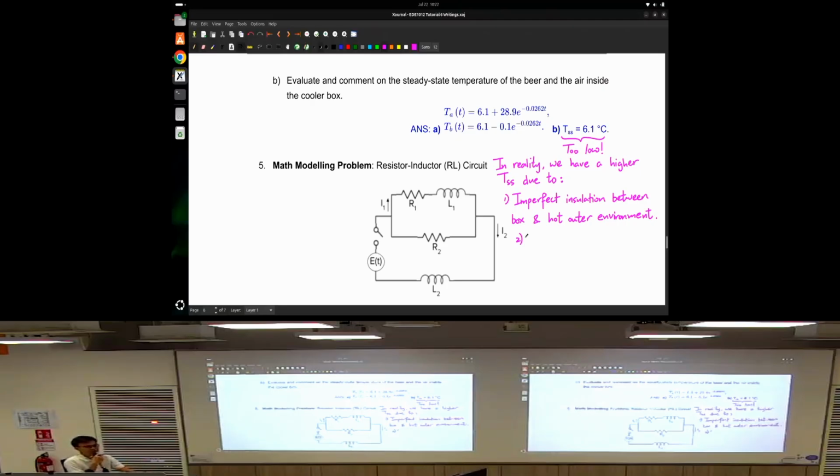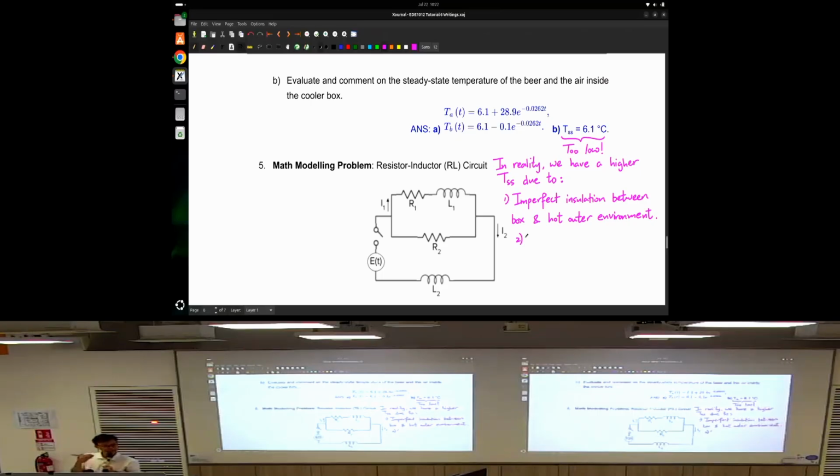How to condense? How does the water vapor, which is at a higher energy level in the air, condense into water droplets? The energy from the water vapor in vapor form must get removed, right? Where is it being removed? Into the beer, into the cold beer. So there's condensation, right? That means the beer gains what we call latent heat from the water vapor in the air.